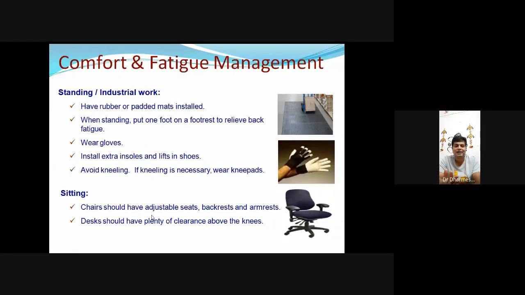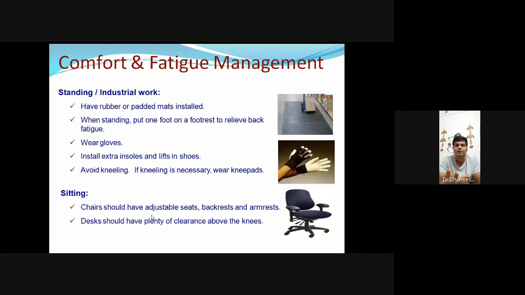If the task involves sitting, we need to first of all consider the chair. As I told you, there are many different chairs available in the market, like ergonomic chairs, and in ergonomic chairs also there are many variations and designs available. Which chair is good for your office depends upon your budget.